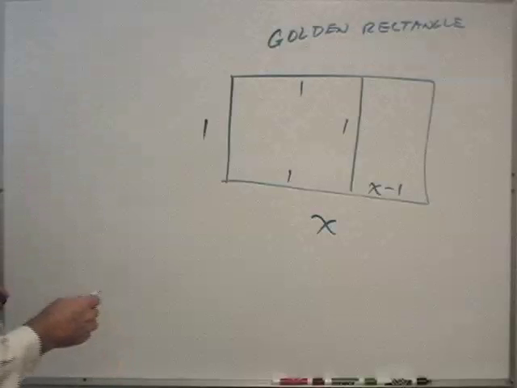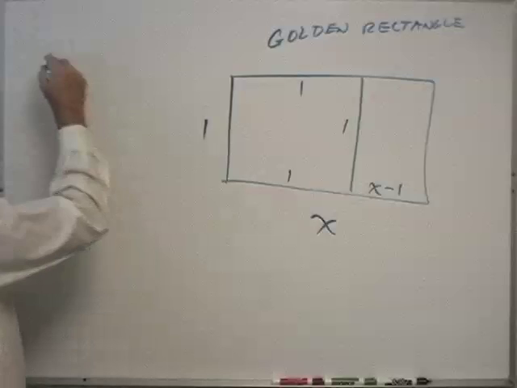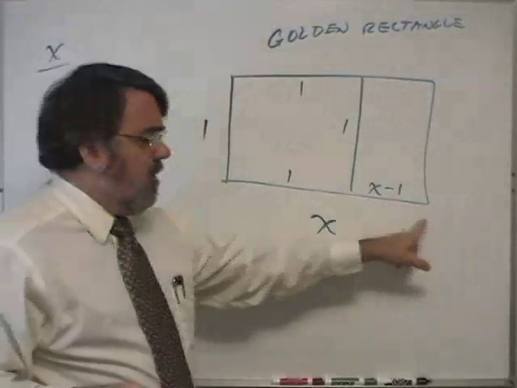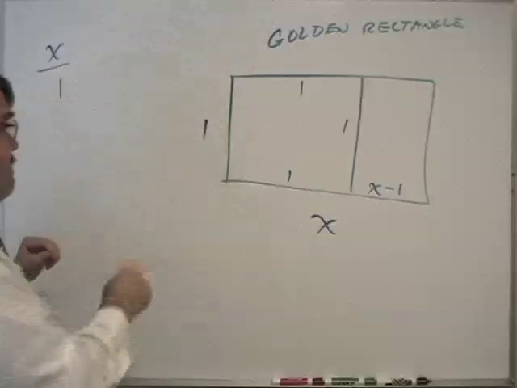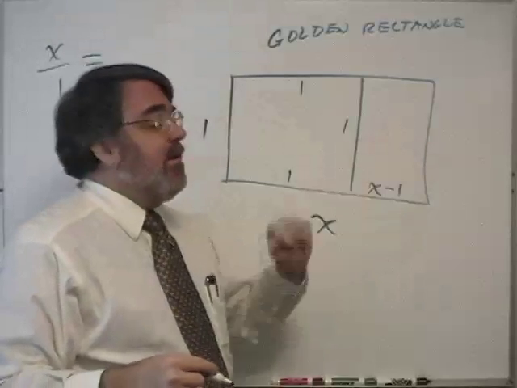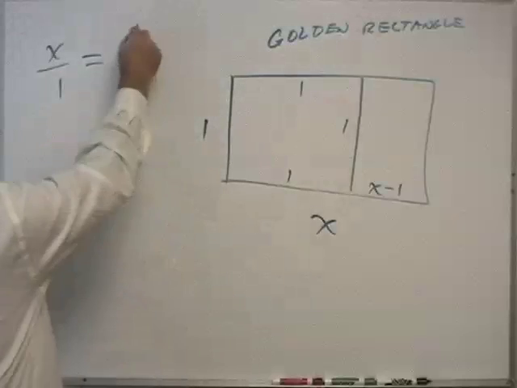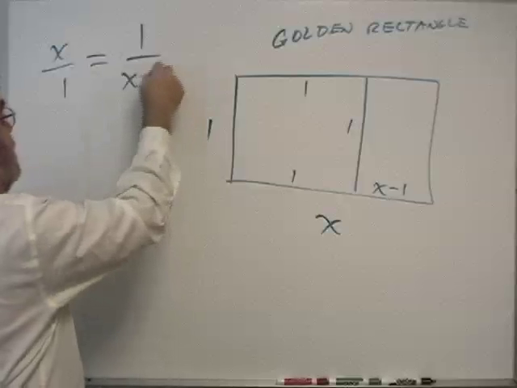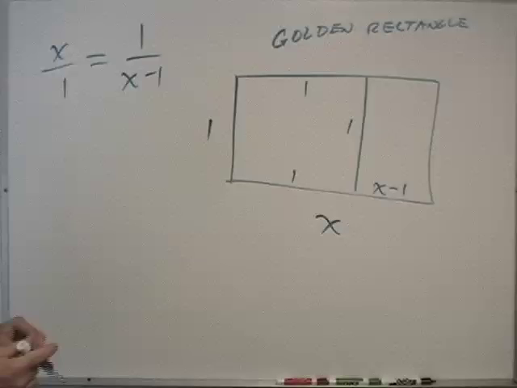The ratio of the long side of the original rectangle divided by the short side, x divided by 1, is going to equal the same ratio from this rectangle. This long side now is 1, and this side is x minus 1. So these ratios are equal as per the definition.